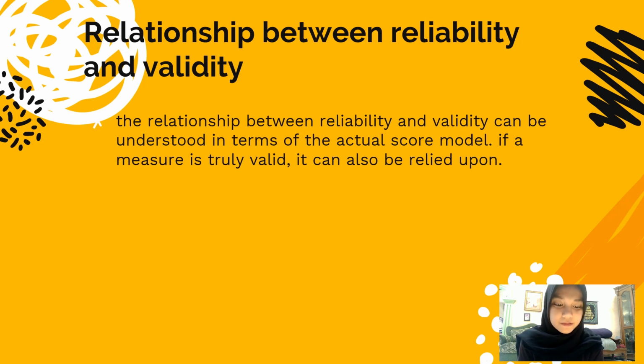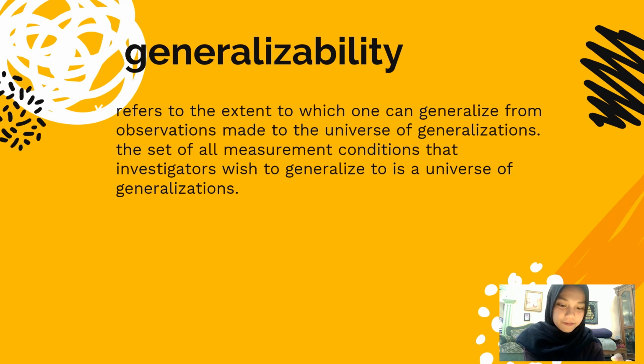The relationship between reliability and validity can be understood in terms of the true score model. If a measurement is truly valid, it can also be relied upon.